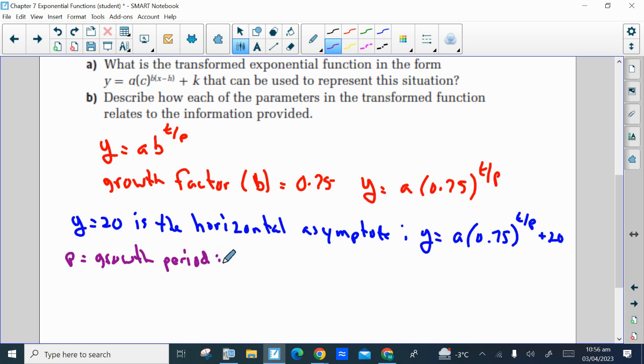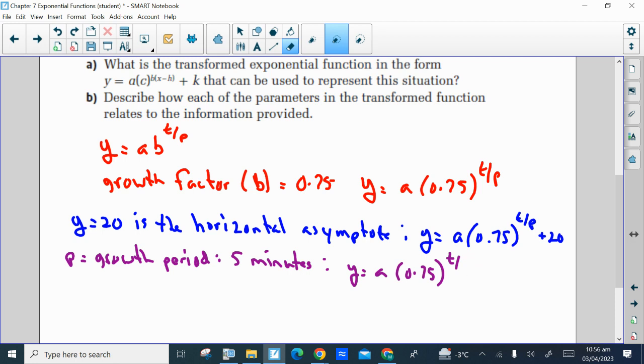So our growth period, which is p, is 5 minutes. So now we can say that y equals a times 0.75 to the t over 5 plus 20.